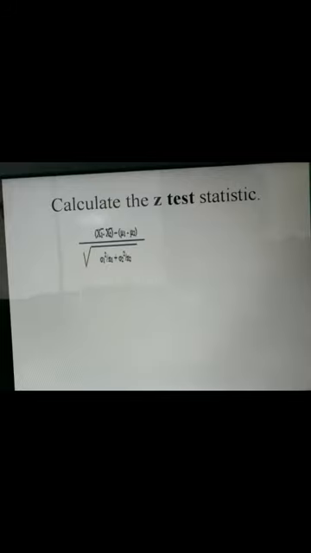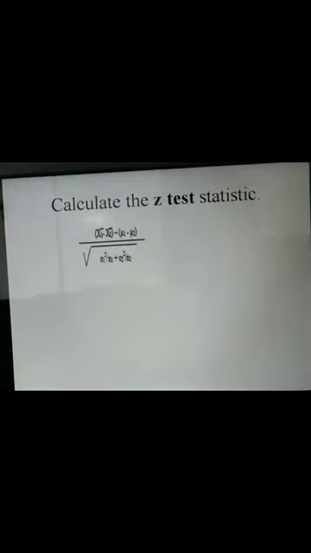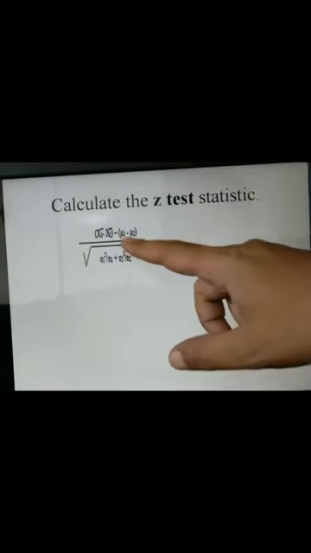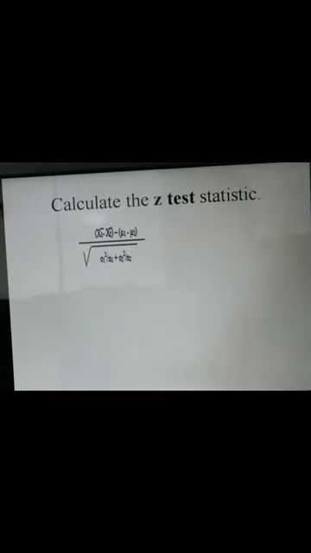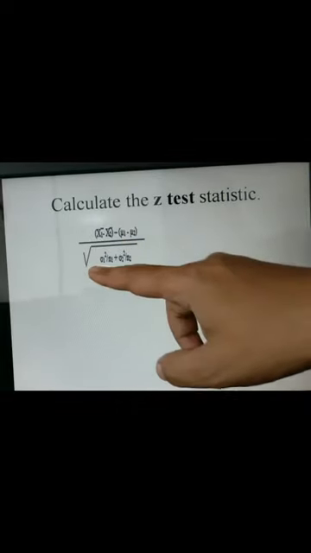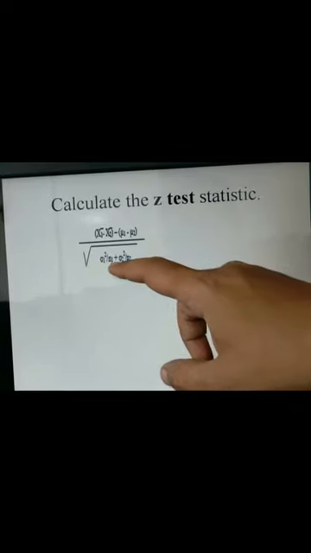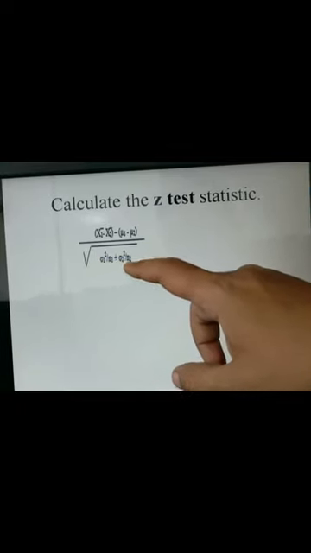And next is the calculation of the z statistic. I have already mentioned the formula used to calculate the z statistic. x bar 1 and x bar 2 are the means of the two samples, and mu 1 and mu 2 are the means of the populations. So mu 1 minus mu 2 will be 0, because we assume there is no difference between mu 1 and mu 2. And this is divided by the root of sigma 1 squared divided by n1 plus sigma 2 squared divided by n2.